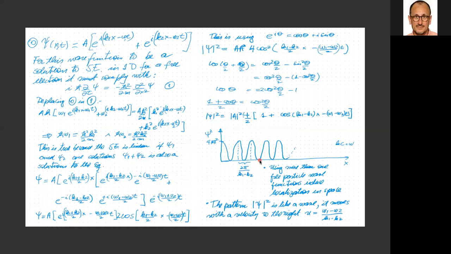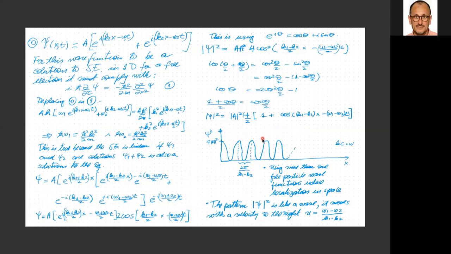The localization in space is now a region of space where the electron, if it is an electron, the particle being described by this, is going to be more probable to be found, okay? But that high probability is going to change with time, because this is also a moving thing that is moving in that direction. So the phi square is not stationary. So it is something that actually depends on time.